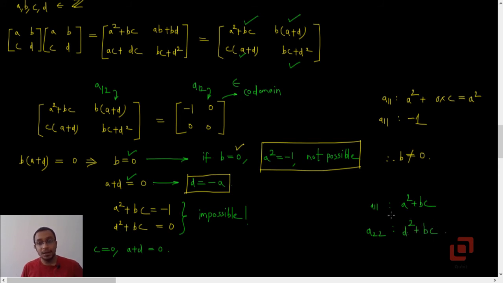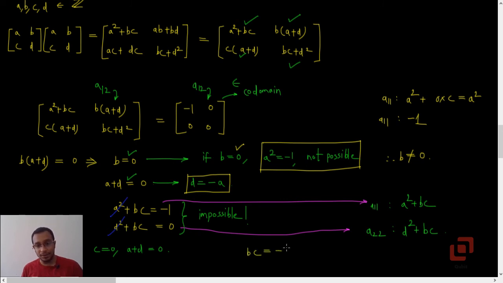Now one of them is -1 and the other one is 0. But since d squared equals a squared, we can cancel them if we subtract. Which means we are now getting bc equal to -1, and at the same time we are getting bc equal to 0. But is this true? Can -1 be equal to 0 ever? No, this can't be possible.